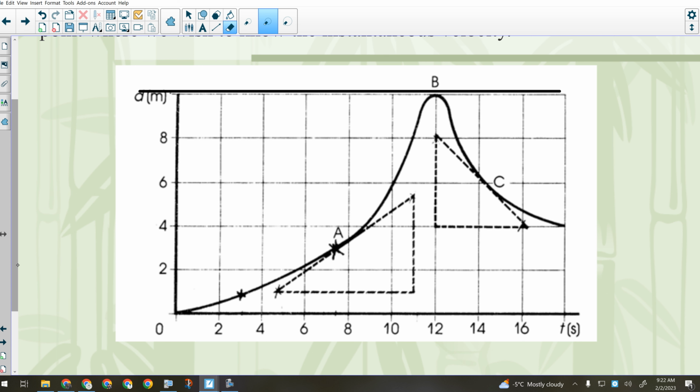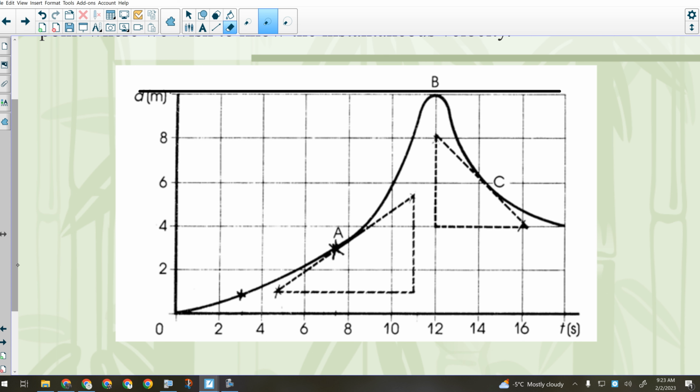Anytime the line gets steeper, whether that's up or down, we know that the rate at which the position is changing is going up. Even if it's going up in a negative direction, it's still getting bigger. Anywhere the line's getting flatter, that means the rate at which the position is changing is getting smaller. Yeah, slower. We're slowing down because we're not changing our position by as much.